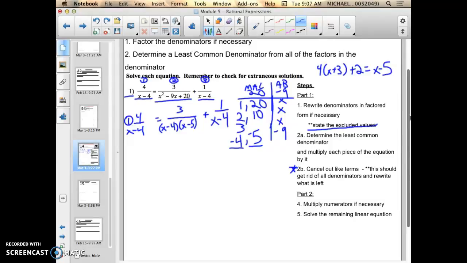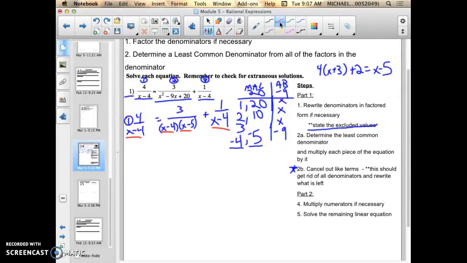I'm almost done with step 1, and from the finalized step 1, I have to state the excluded values. Again, you have to consider how many factors exist in the denominator, and factors have a variable. So right now I see 1, 2, 3, 4 different factors. But if you notice, there are 3 factors that are the same, x minus 4.